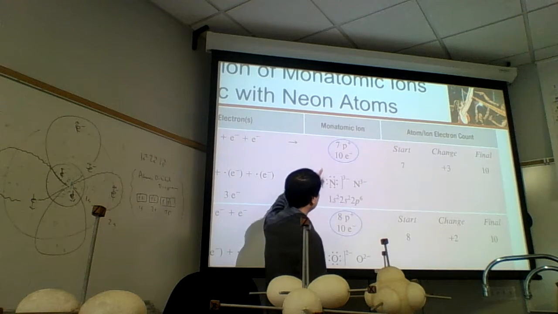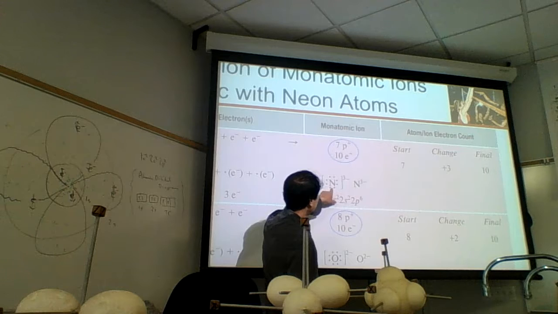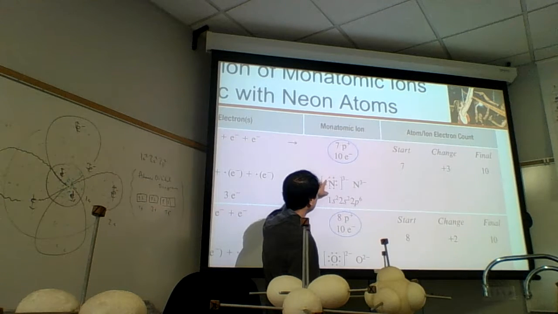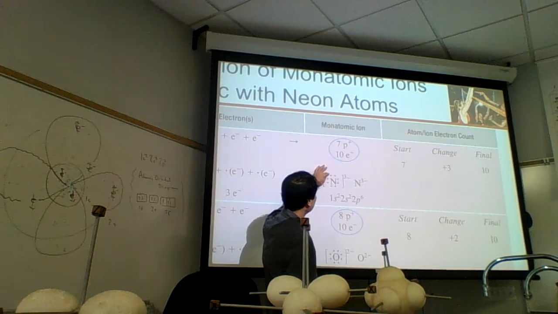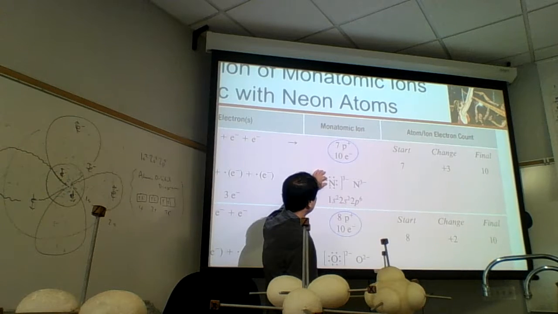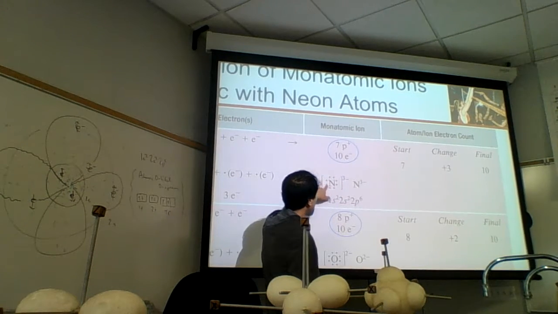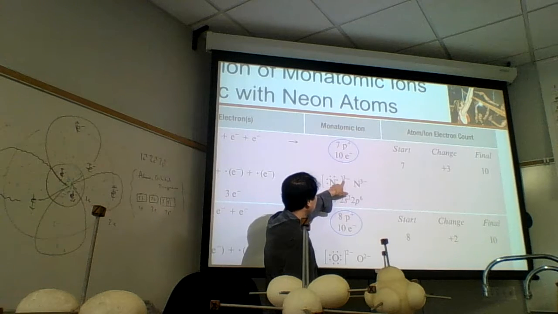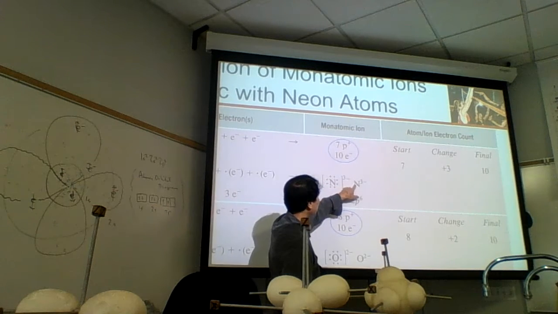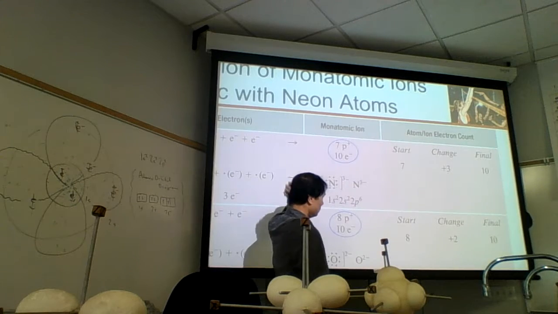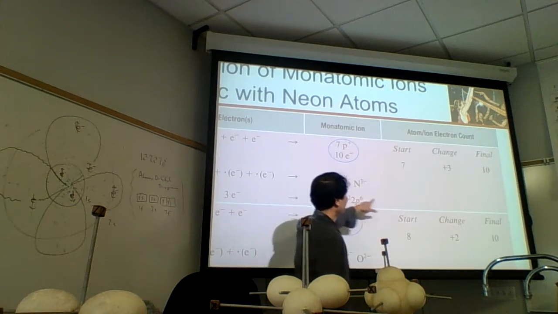But nonetheless, if it did gain 3 electrons, we would see 8 valence electrons here. We write it in 4 regions: 1, 2, 3, 4 pairs of electrons. This is called an octet of electrons. That would form nitride with a 3- charge, or N3- would be the formula for that. So we end up with 10 electrons total.